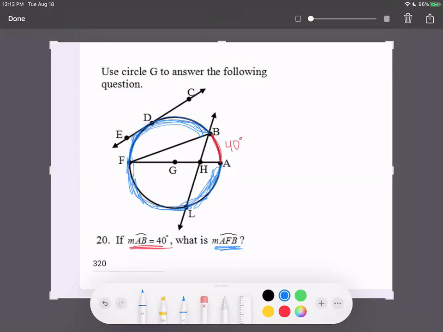We already know that from here to here, that's 180, right? And in the last problem, we figured out from here to here was how much? 140, right? So in order to get from A to F to B, you can just add A to F plus F to B. So we got 180 plus 140, and that gives us 320.